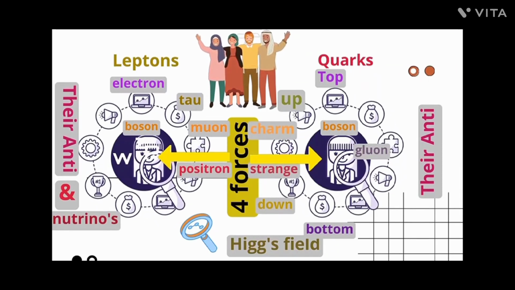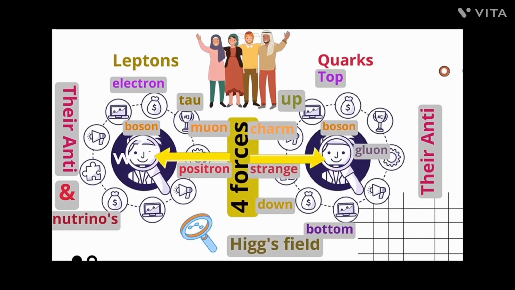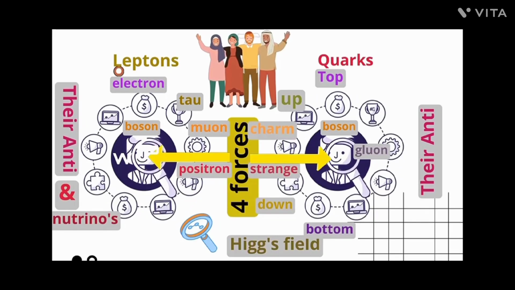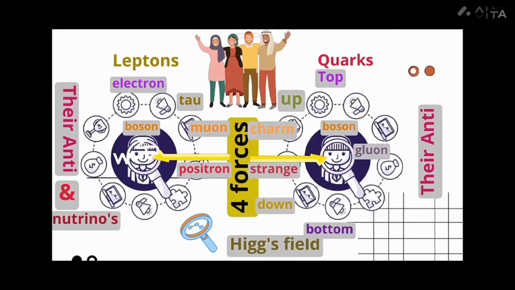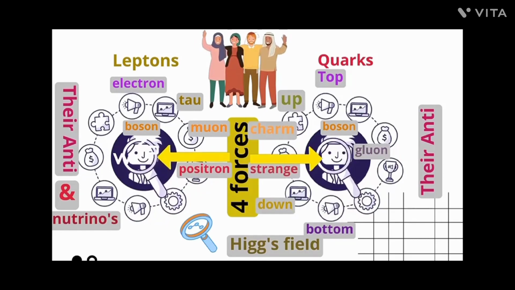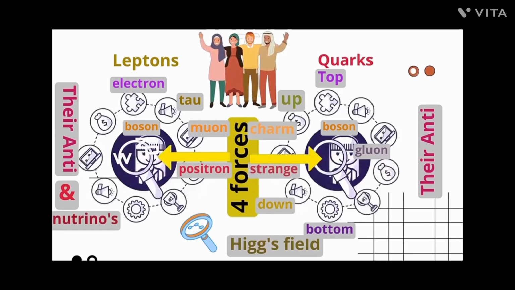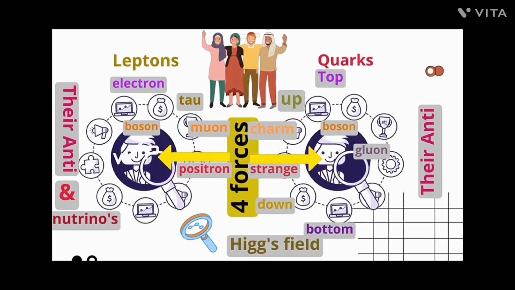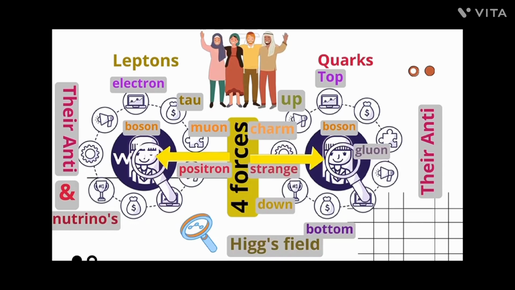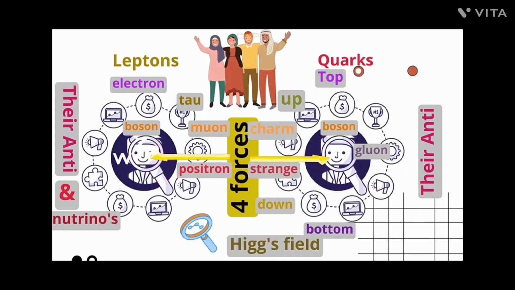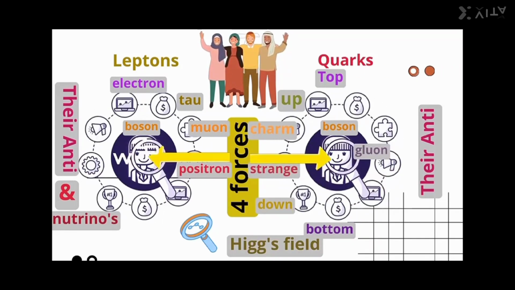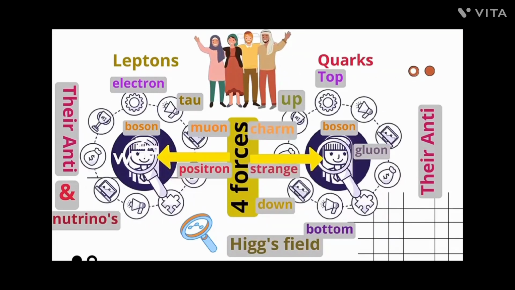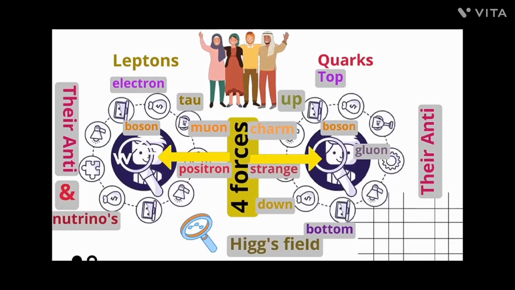Positron is an antiparticle of the electron. So in all there are 3 leptons: electron, tau, muon. Then we have got their antiparticles, that is anti-tau, anti-muon. Then we have got their neutrinos, the electron neutrino, tau neutrino, muon neutrino, and their antiparticles. In all they make the 12 particles or 12 leptons.